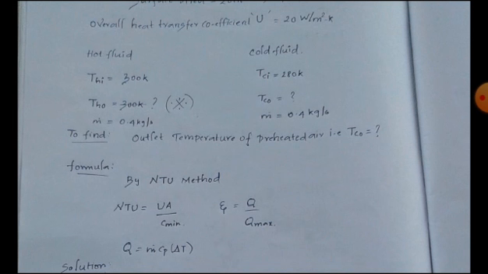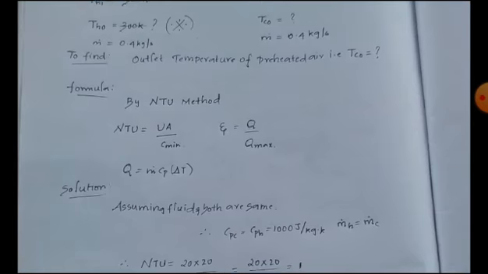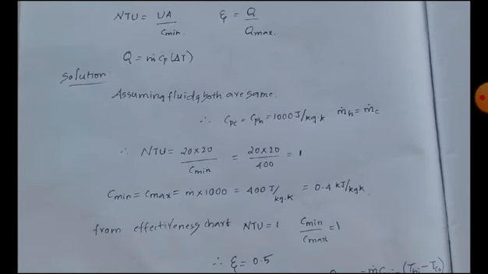Then we are going to solve by the NTU method, which is the number of transfer units method. These are the formulas which we require to solve this problem. Now we go to the solution part. First of all, we should find the NTU. The NTU formula is U A by C min.